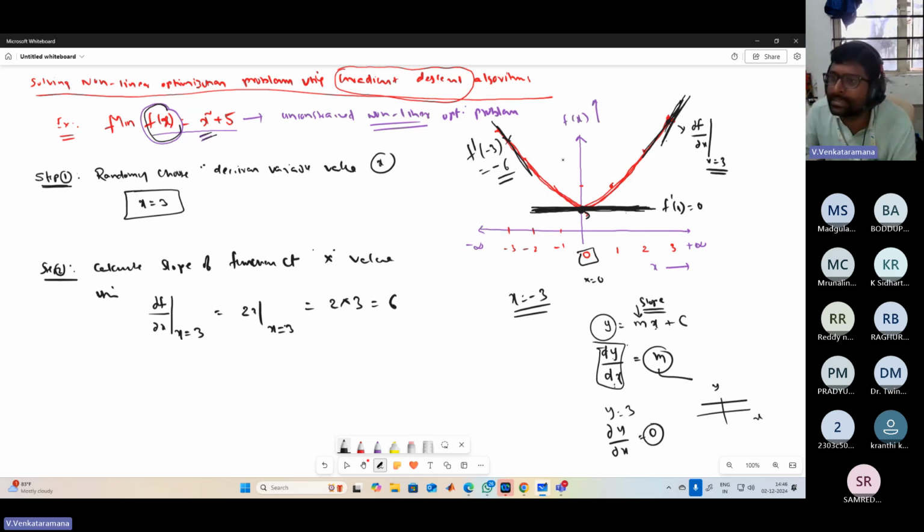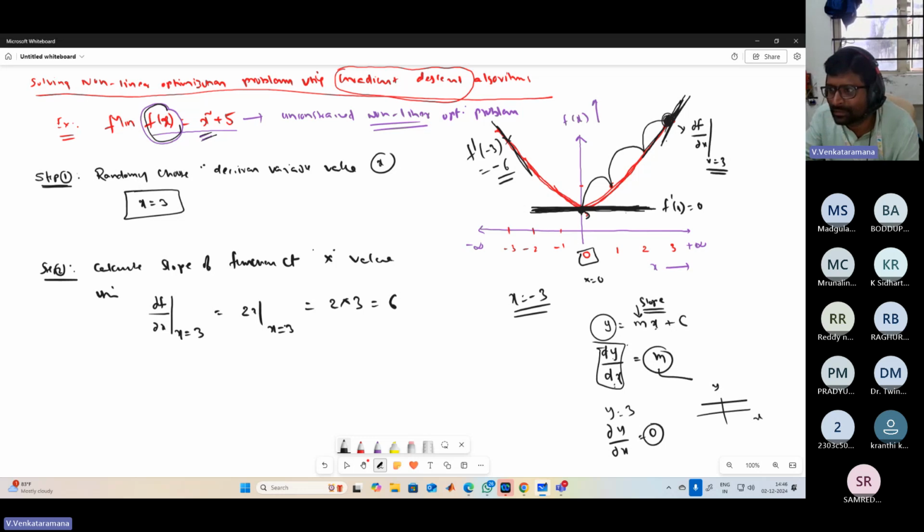So my goal is, let's assume initially my x value equals 3, and I'm getting the positive slope. Now I'm trying to update this point from the positive slope toward the negative slope side. When I move this point toward the negative slope side, it will reach this 0 slope. That's what I want, right?